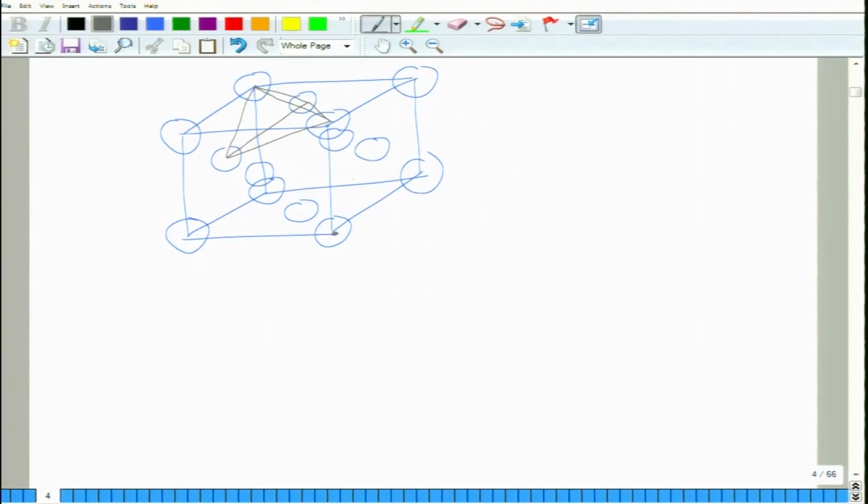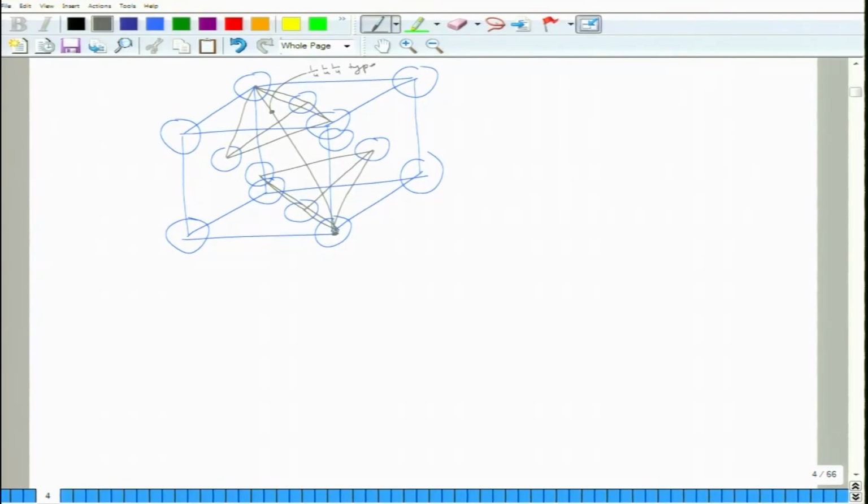Similarly, if you connect this atom with this atom, and this atom, and if you connect them with each other, you will make a tetrahedra. So these are basically tetrahedral points. They are located along the body diagonal. So this position is 1 by 4, 1 by 4, 1 by 4 type.